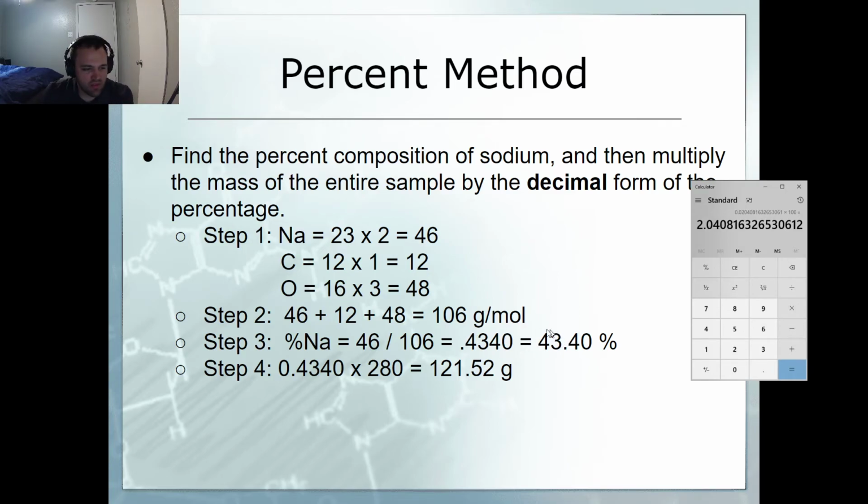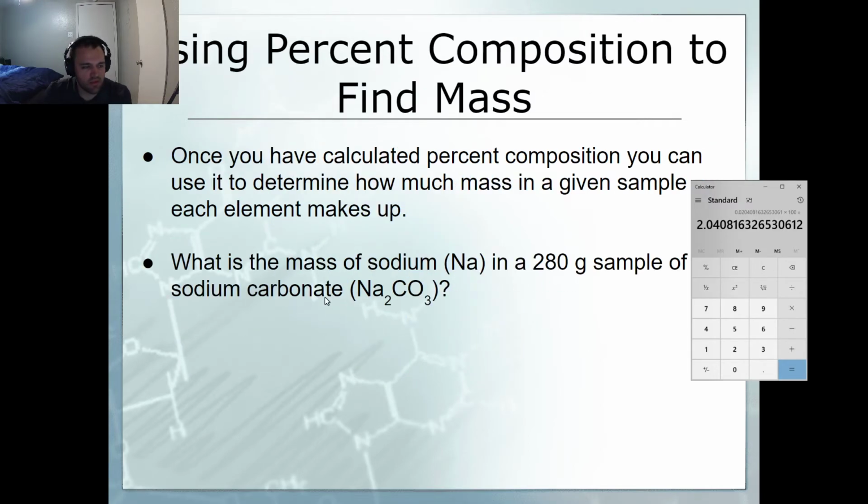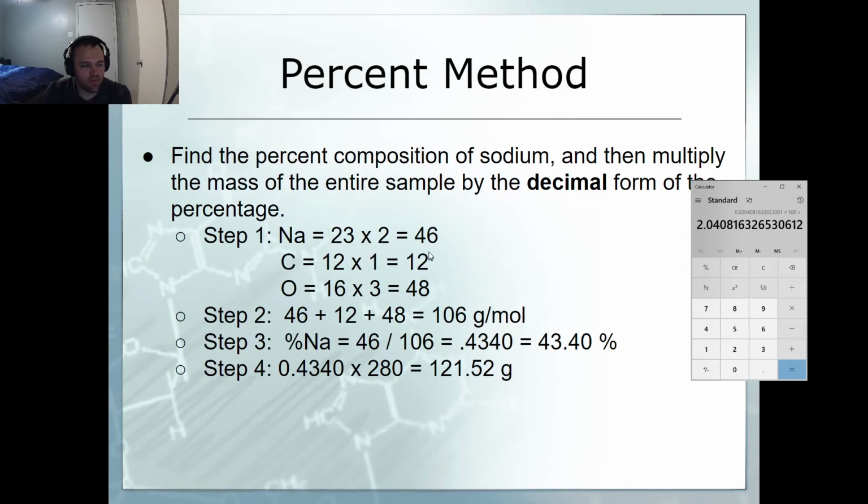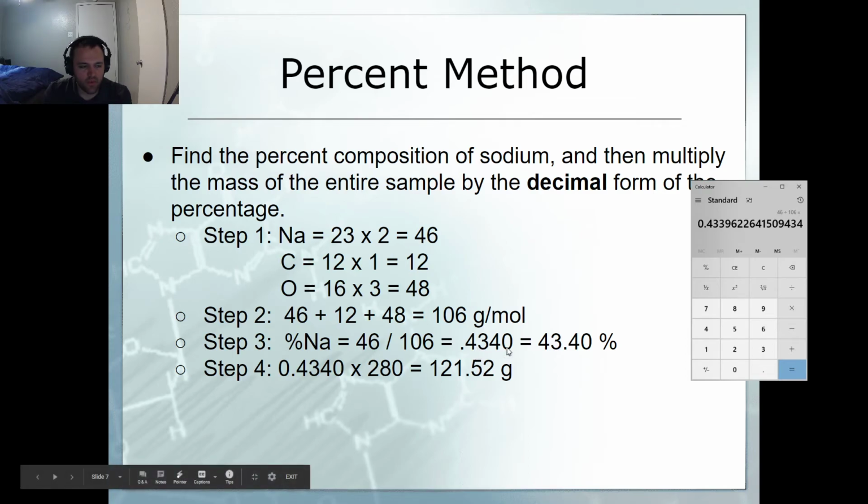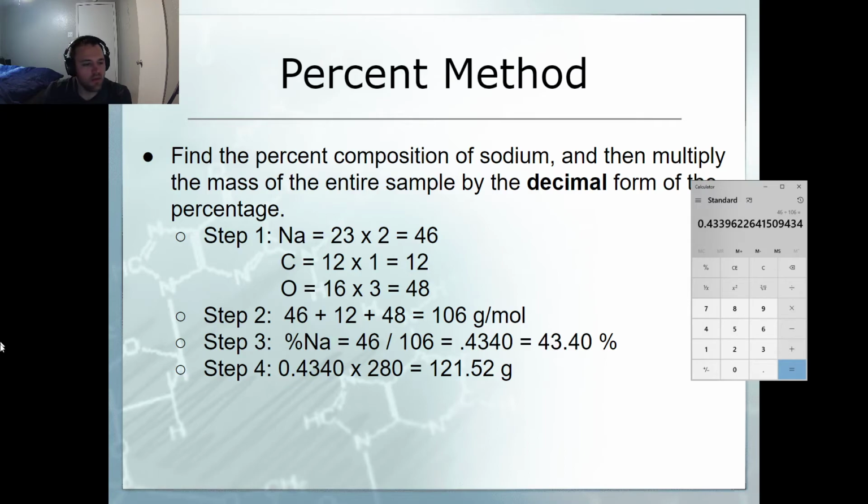Find the percentage of whatever it's asking you about. So in this case, it's asking you about sodium. So we're going to take our mass for sodium here, the 46, divided by 106. And that comes out as 0.4340, or 43.4%. All right.